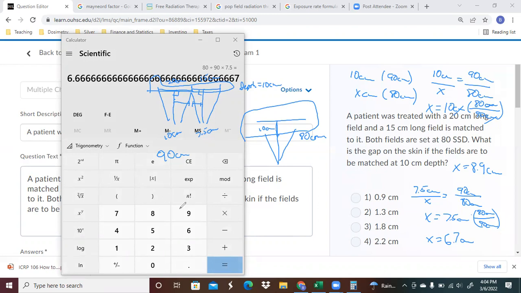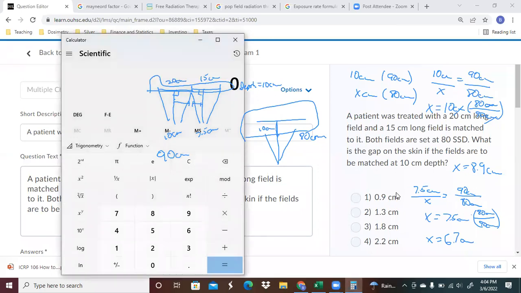Okay. So now that I've got this and this, I can figure out what the gap is by adding these two things together and subtracting it from the sum of the 10 and the 7.5.